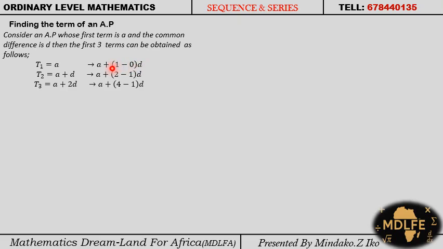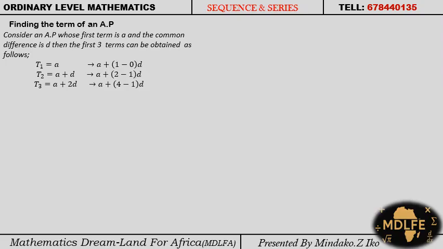Here n is the number of terms. For the first term we have a, since 1 minus 1 is 0. Sorry, there's a mistake here. Let me correct it.